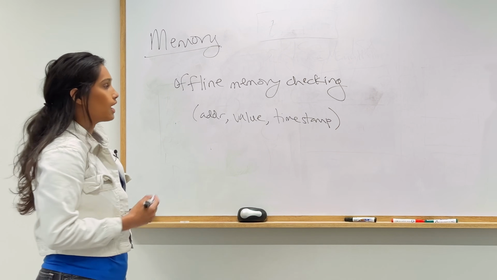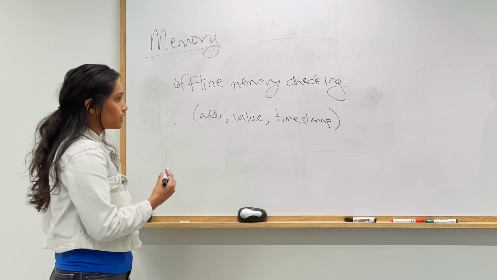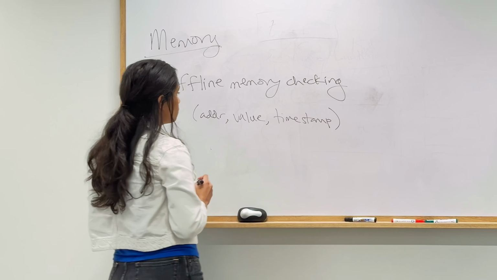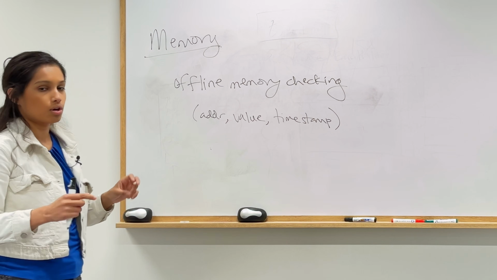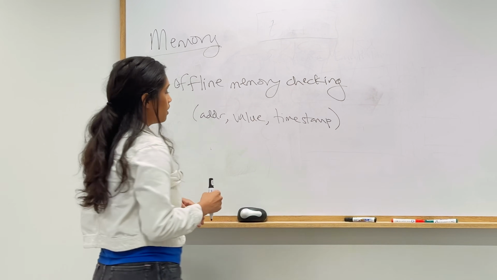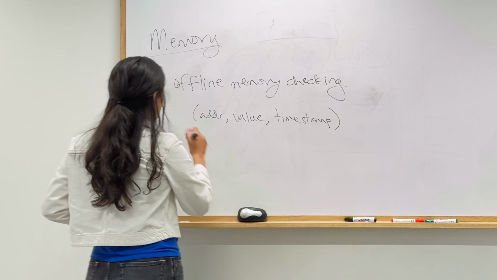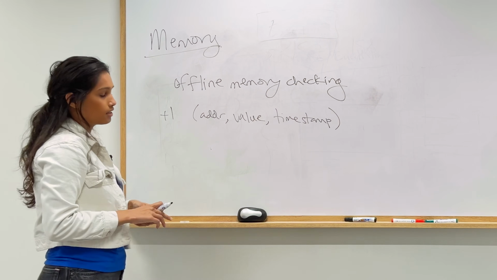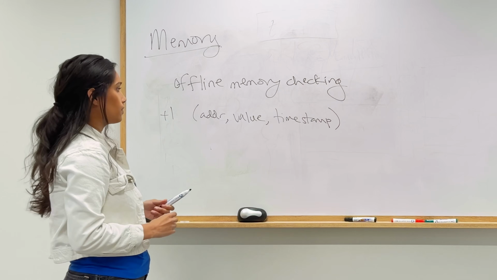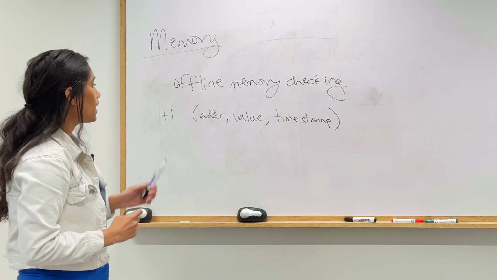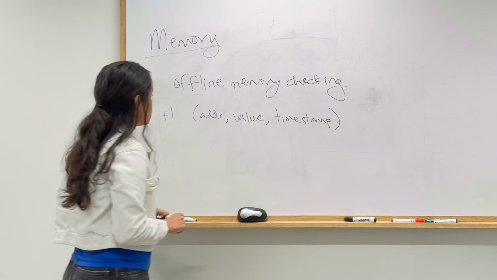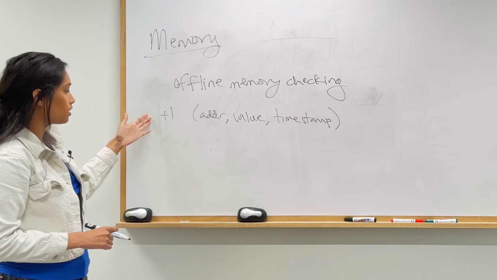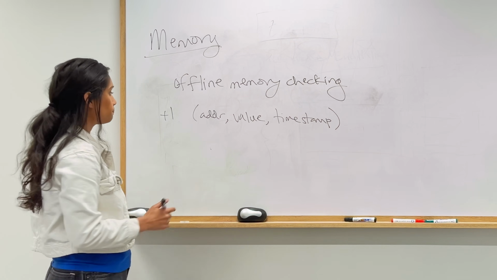And whenever we access a particular memory address and want to claim that it has some value, what we do is we add to our log derivative lookup argument the tuple, and this is assuming that you know about the log derivative lookup argument. You add this tuple of address, the current value, and the timestamp to the lookup argument's accumulator with multiplicity +1.